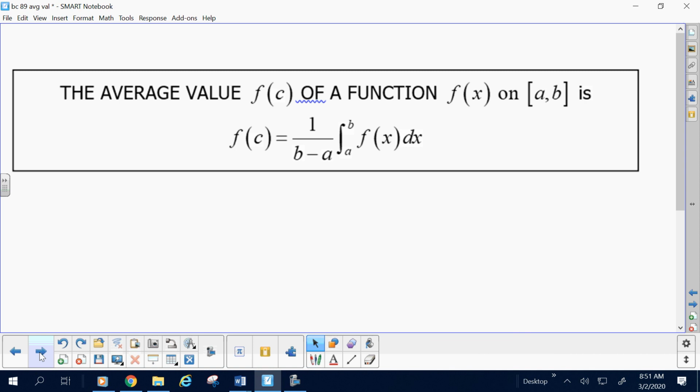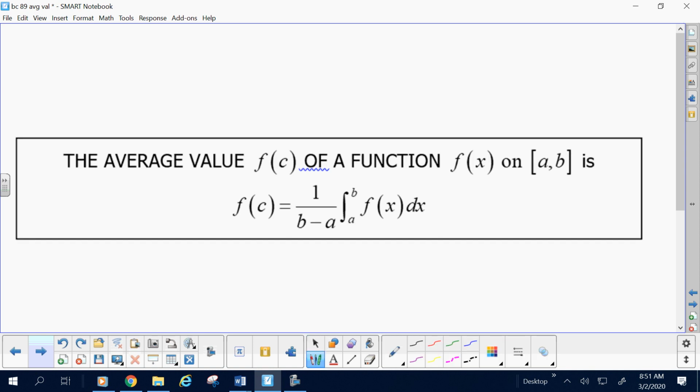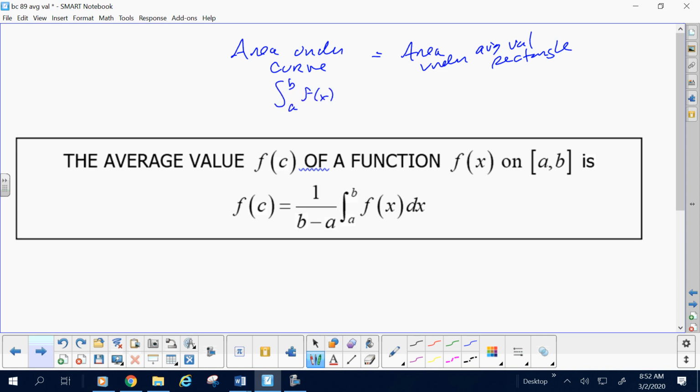If you start by saying area under a curve equals area under the average value rectangle, and you say the area under the curve is an integral, and the area under the average value rectangle is the average value times however big the base of the rectangle is.